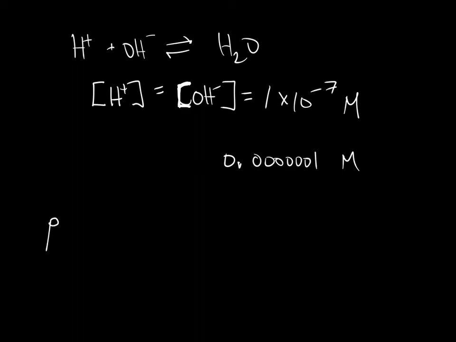What it does is, literally, there's this little p, and for concentration, this would be the mathematical function p of the concentration of H. What that is equal to is negative log base 10 of the concentration of H. In theory, we could have a p of students, which would be negative log base 10 of the number of students.